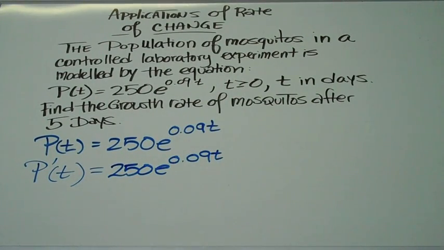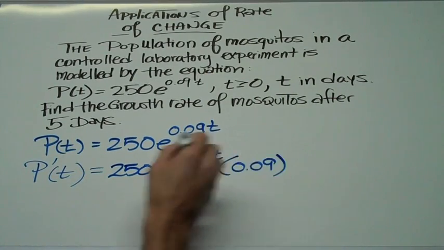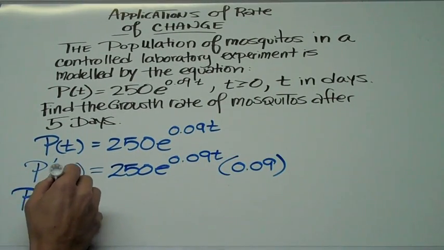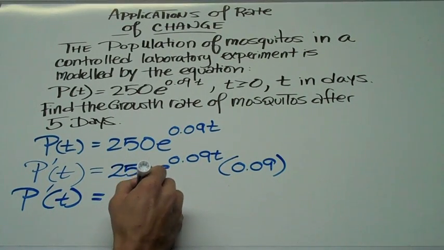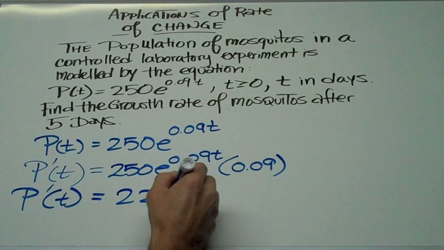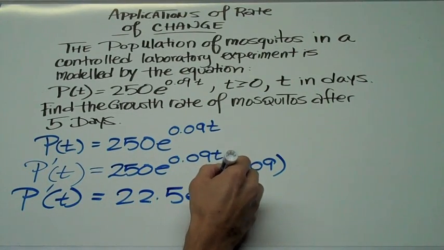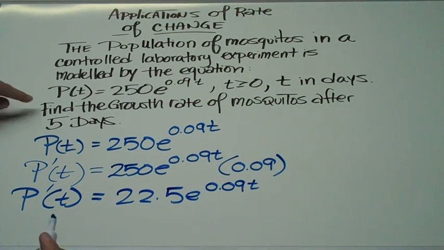You should be thinking chain rule here. So we get P dash of t is equal to, ultimately, 22.5 e to the 0.09 t. We want to find the growth rate of mosquitoes after 5 days.